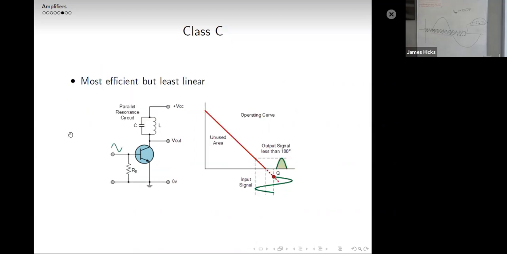The Class C is a little bit strange. It's the most efficient one. It's most efficient because it's not on for very long. Basically, this ends up being fairly heavily biased.